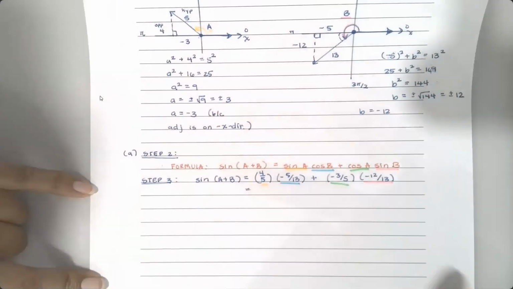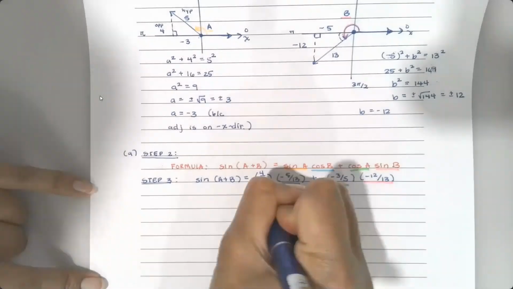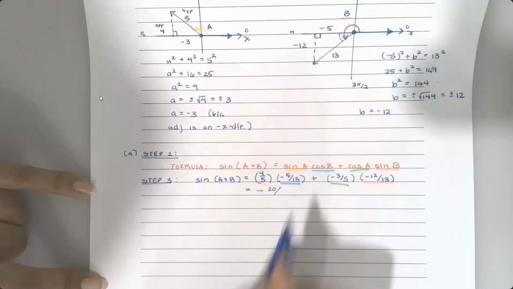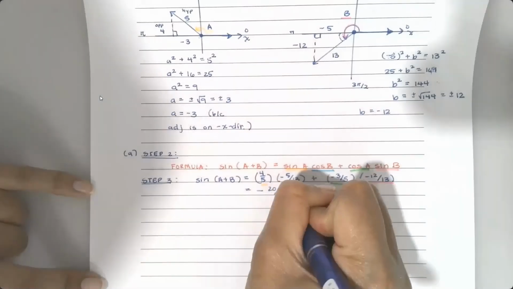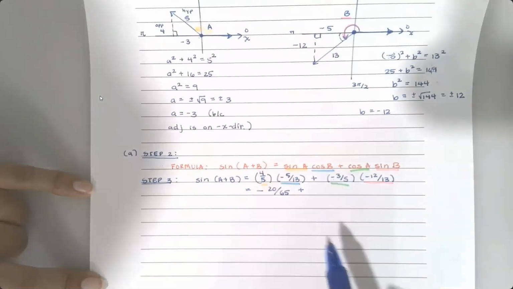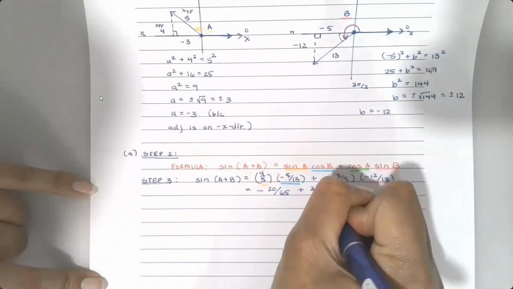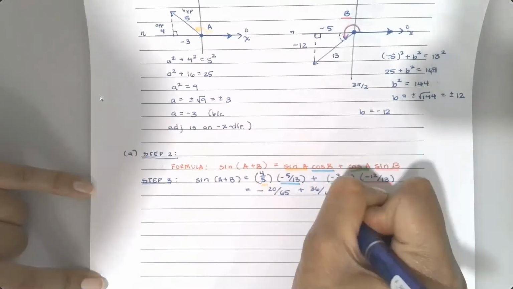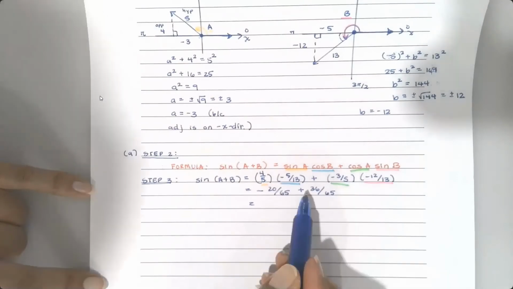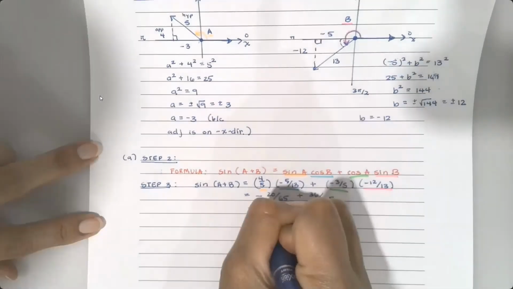All right, so let's simplify. Positive and negative becomes negative. 4 times 5 is 20. 5 times 13 is going to give us a 65. Then negative times negative is positive. 3 times 12 is 36. 5 times 13 is 65. And so -20 plus 36 is going to be a +16/65.